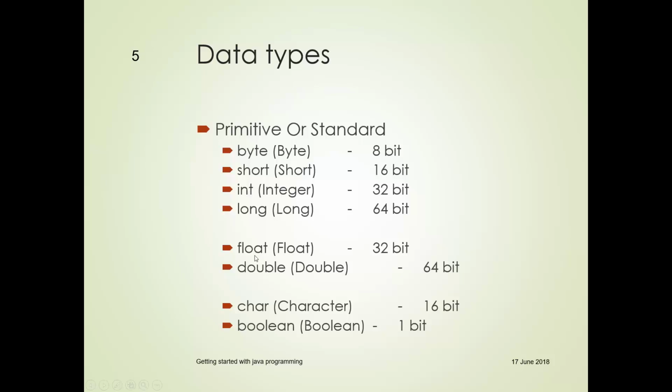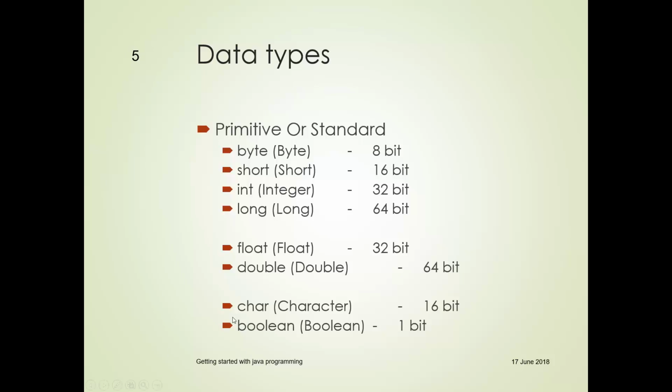So the float data type is used to store a decimal value. The size of float is equal to the size of int, but the difference is that float will allow you to put decimal data also. If you want bigger decimal data, then you should use the double data type.